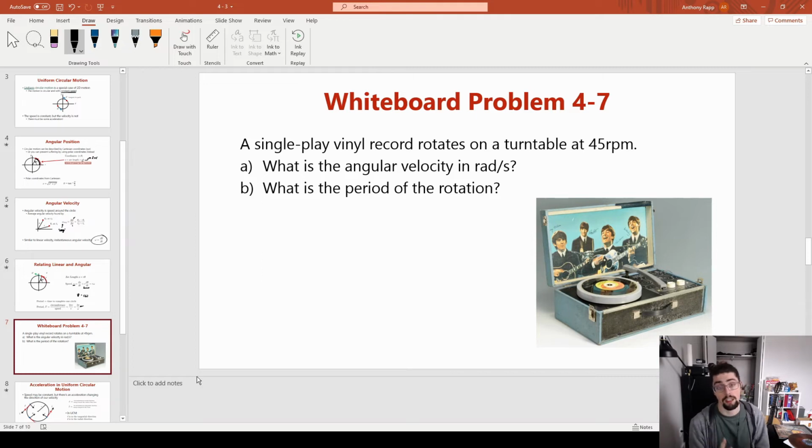So technically, 45 rotations per minute, RPM, is a possible unit of omega, angular velocity, because it tells us about those rotations and how long it takes to make them. It's a very common unit to see.